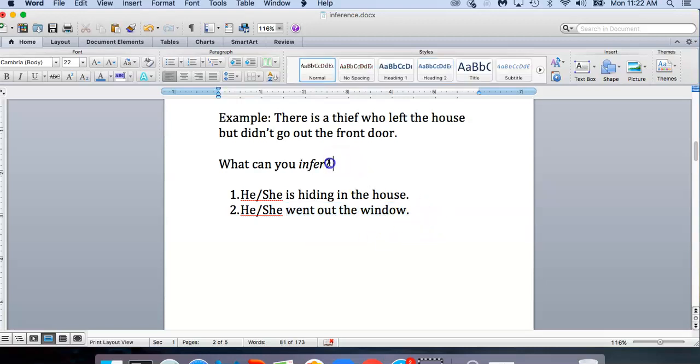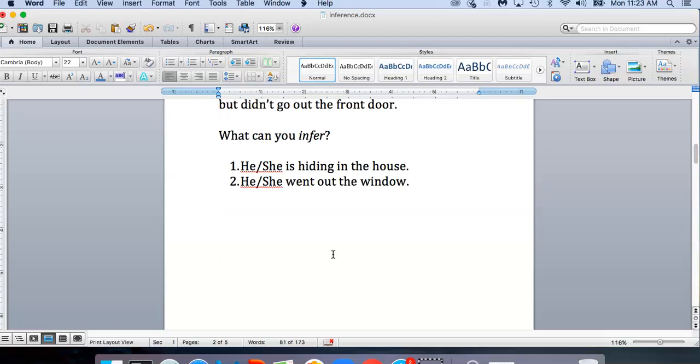So that's what you can infer. In this situation, you didn't really see it happen, but based on the movies you've seen and the books you've read, you can infer that a thief would try to escape. If the thief is not trying to escape, then it is hiding somewhere. This is what you know about thieves based on what you have seen, read, or heard about them.